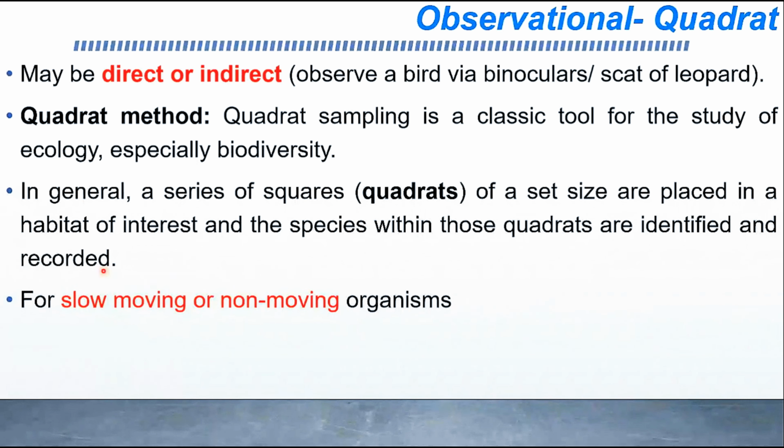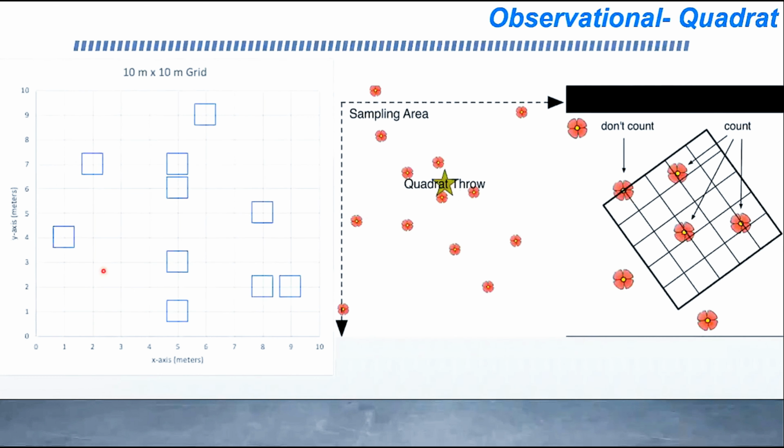So if you want to look at organisms that are present in the grass, you will put the quadrat in the grass. For example, if you're looking at flowering plants in the given area, so this is the given area, right? There is one species of plant in this given area, right?